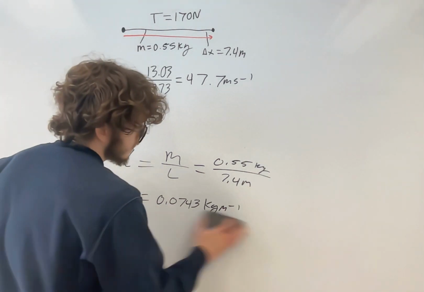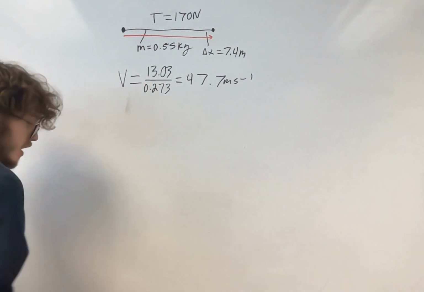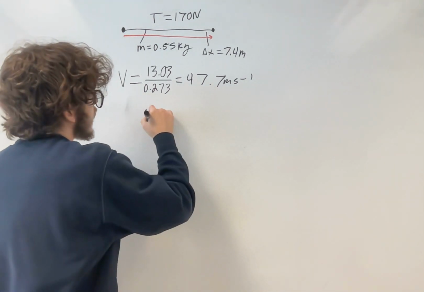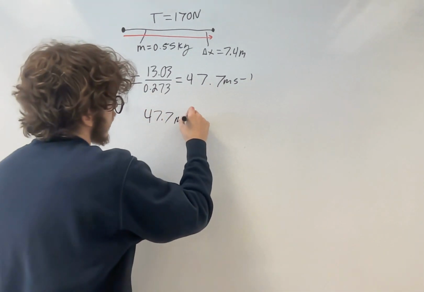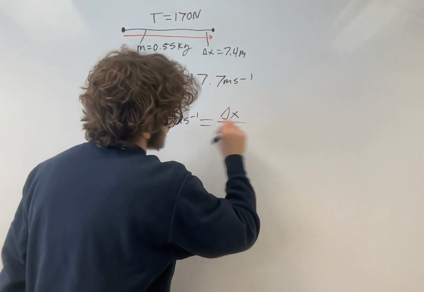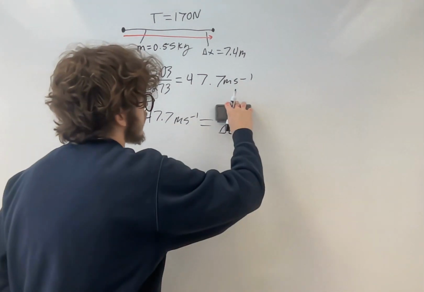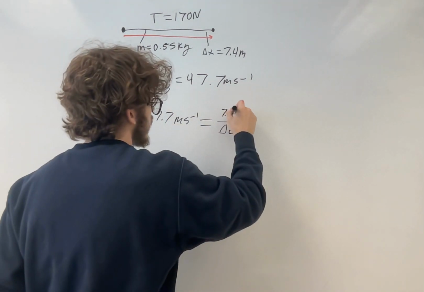Okay. Remember what I said earlier? If we have velocity, we can just use the simple kinematics we learned at the very beginning of this course to find delta t. All right, so we know delta x is the 7.4 meters. That's how far we're moving.